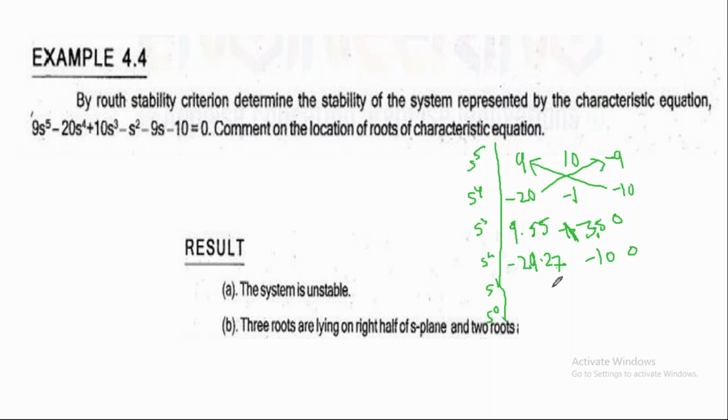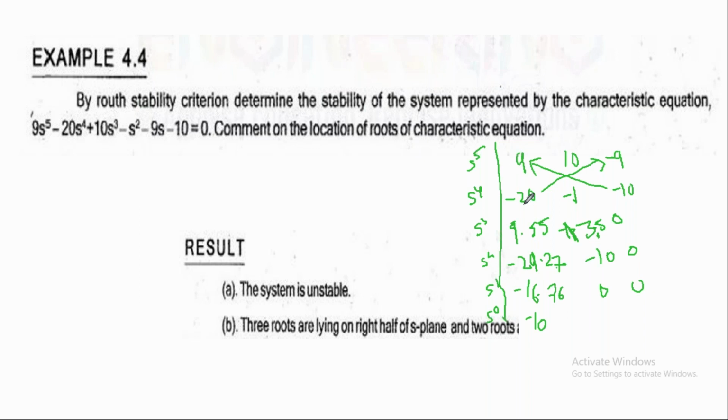So the s1 term: minus 13.5 into minus 29.27 minus of 9.55 into minus 10, divided by minus 29.27. So minus 16.76, then 0, and here also 0. Finally, you will get minus 10.